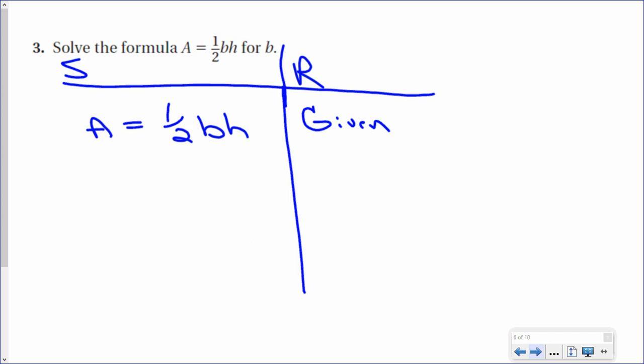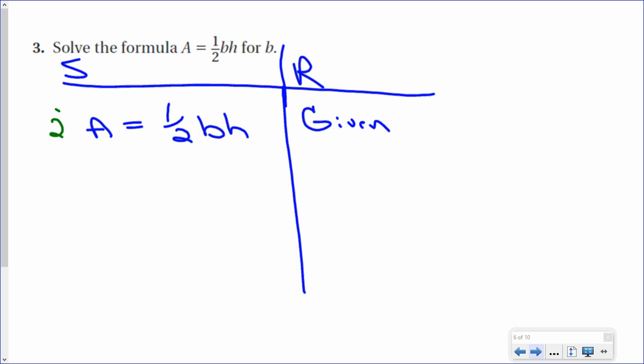If you're going to solve for the letter B, you move everything but the letter B. In between the 1/2 and the B is multiplication. In between the B and the H is also multiplication. Whenever you have a fraction as a coefficient, the thing to do is to multiply by its reciprocal. The reciprocal of 1/2 would be 2/1, or you could say just multiply both sides by 2.